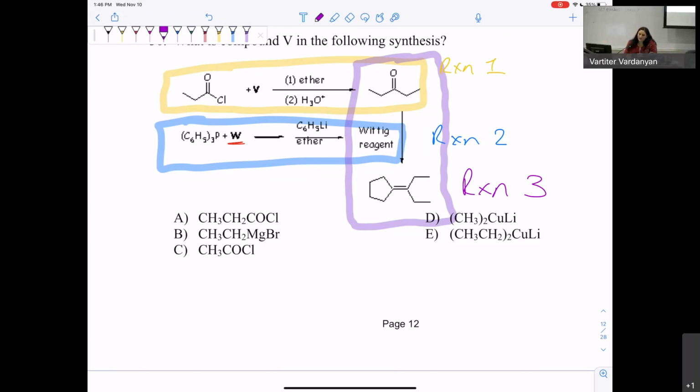And if we look at it, W is reacting with PPh3 and C6H5Li. So he's asking for the precursor to the Wittig reagent, aka the ylide. So you guys tell me, what do we react to get the ylide? What do we react with PPh3?